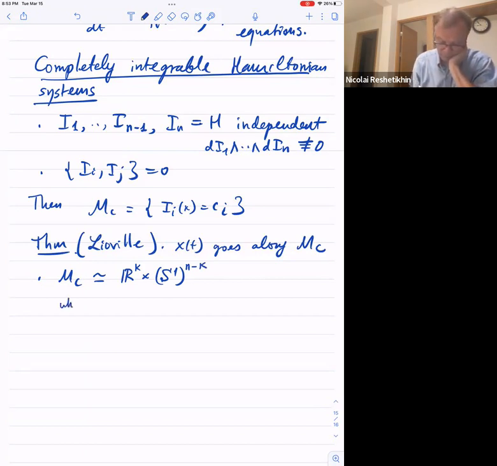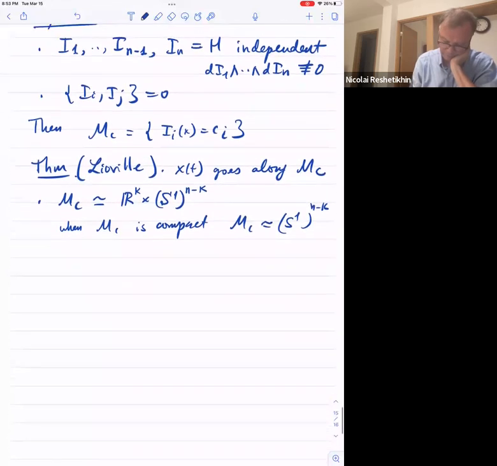In particular, when M_c is compact, it's isomorphic to the torus of dimension n.